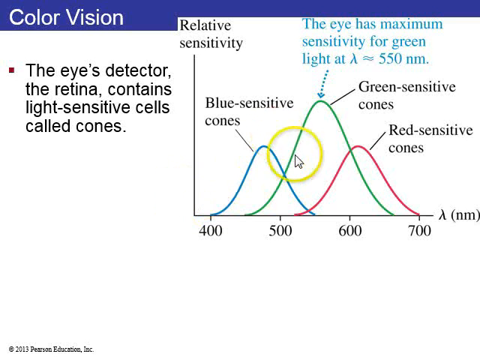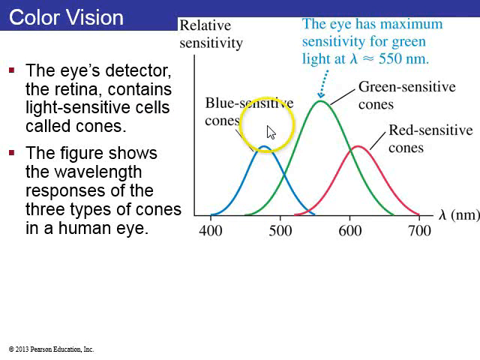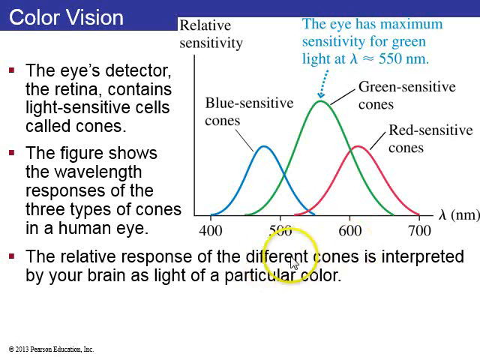The eye's detector, the retina, contains, instead of pixels, light-sensitive cells called cones. And there's actually 3 kinds of cones, the B cones, G cones, and R cones. And shown in this graph is the relative sensitivity of these cones versus wavelength. So you can see they're sensitive to different parts of the spectrum. And that's how we have color vision.